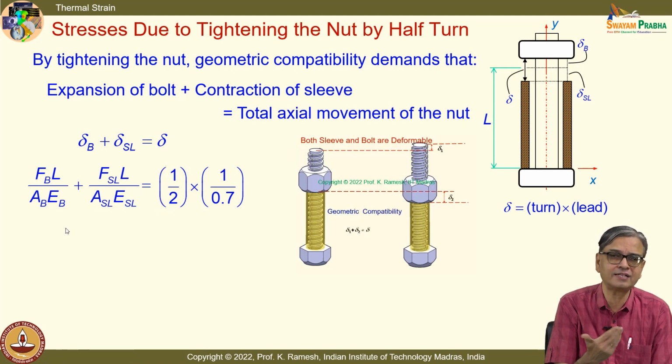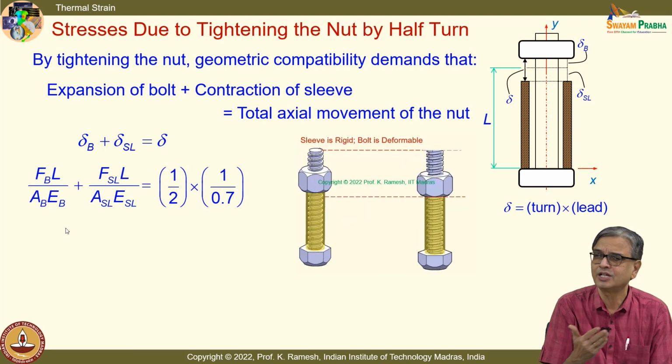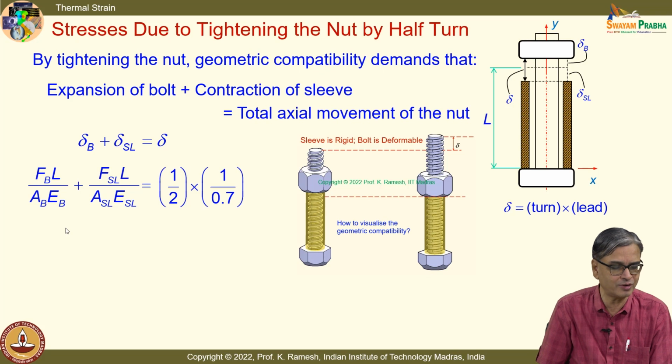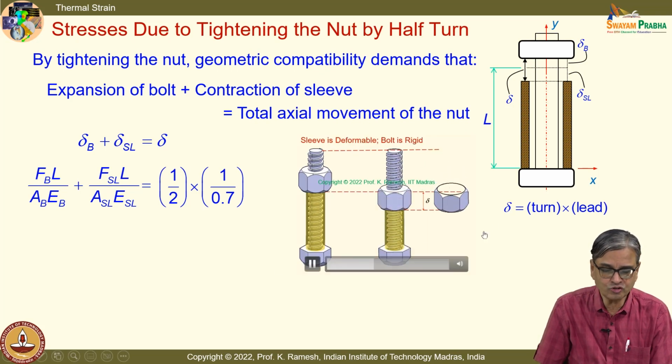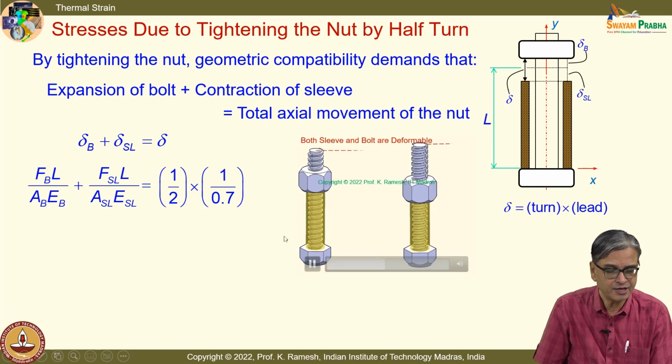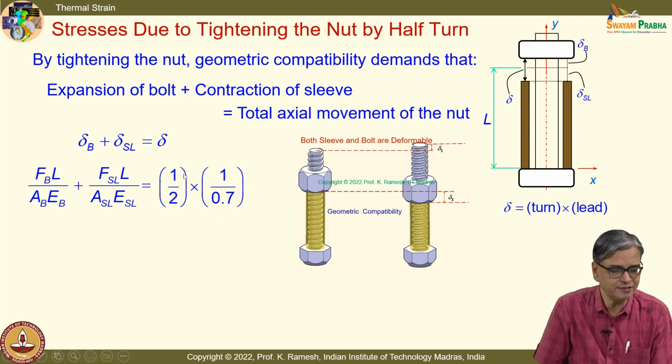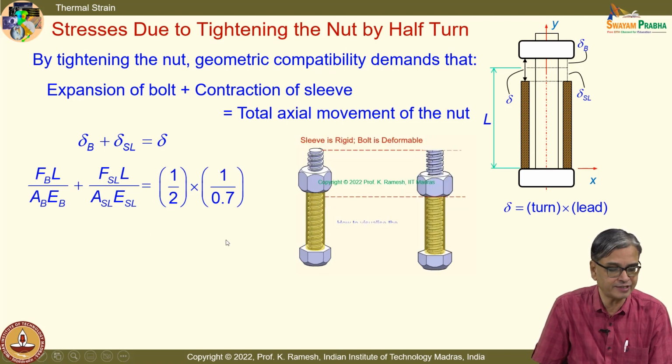A bolt is a simple circular cross section, your sleeve is an annular cross section. So, you can easily calculate from your geometry, that is not a big job. And you are also given the pitch. So, I have 1 by 0.7 so that I get the axial length it can move, and I have rotated by half a turn. So, I know the value of delta. So, I get one equation from this.